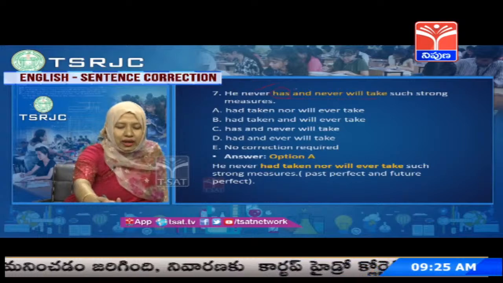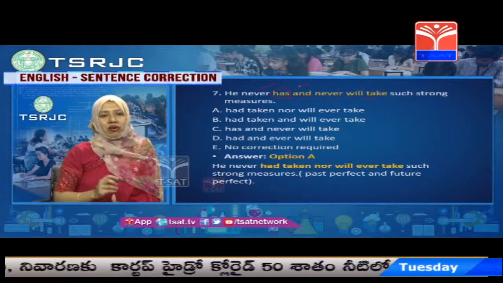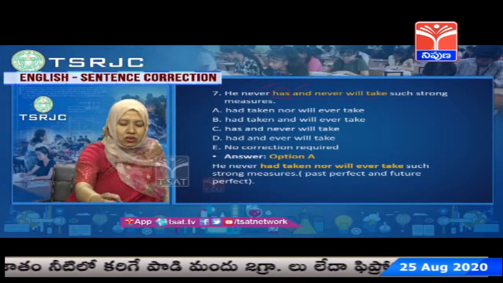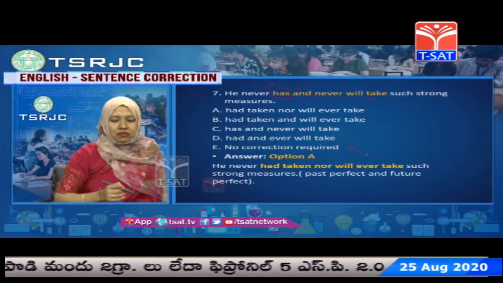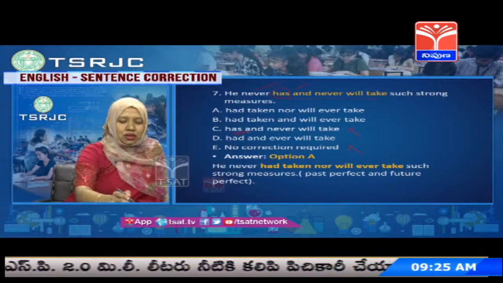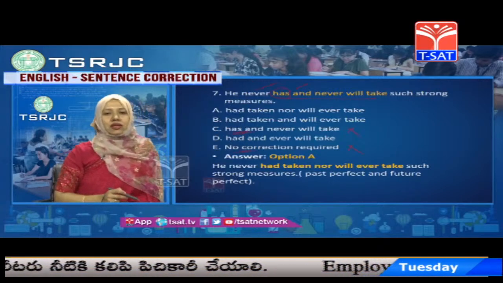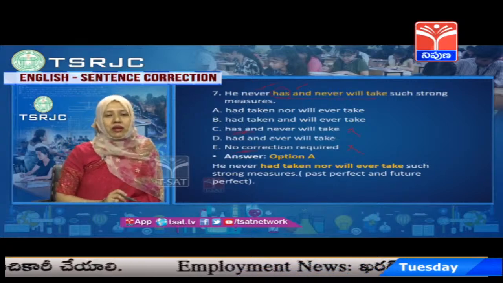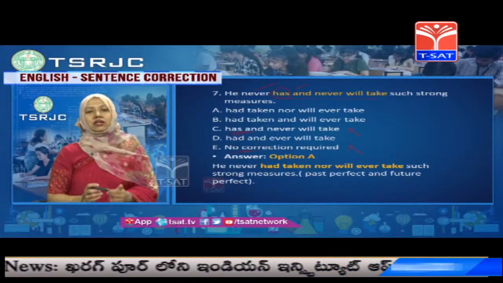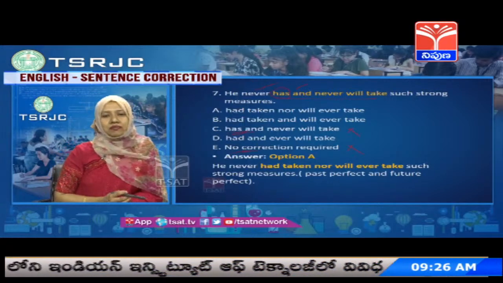The past form of have is had. So we can eliminate this one, and option C, as has is used, this is wrong, and no correction required is wrong. Two options are eliminated. Now we are left with had. When we are talking about past, we should use past tense, had.